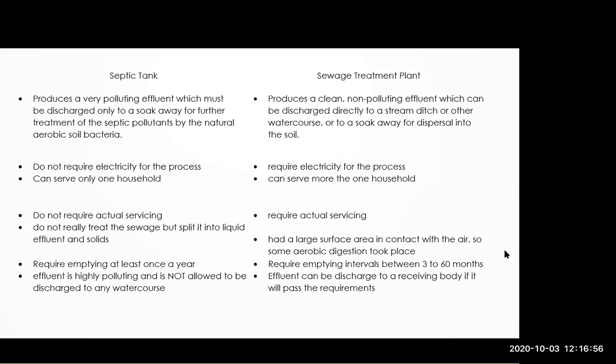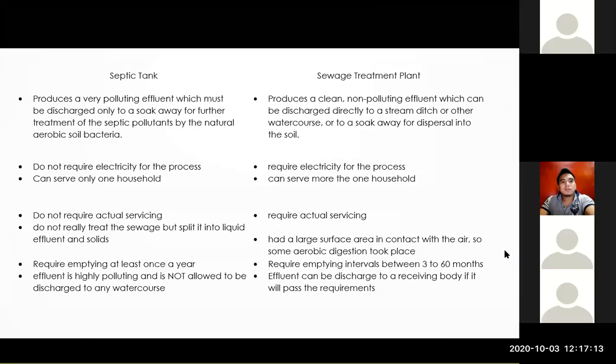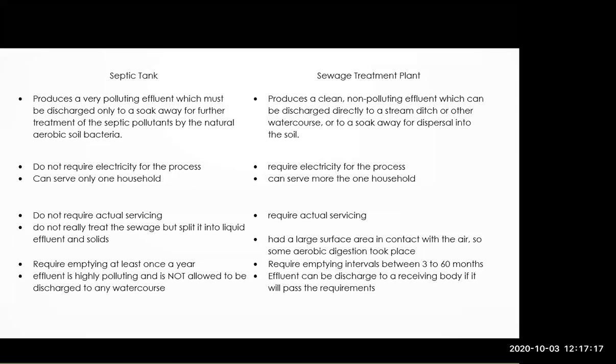Compared to your septic tank that is anaerobic, your STP should be aerobic. It requires emptying intervals between 3 to 60 months. Effluent can be discharged to a receiving body if it passes the requirements. So that is the main difference between your septic tanks and your sewage treatment plants.